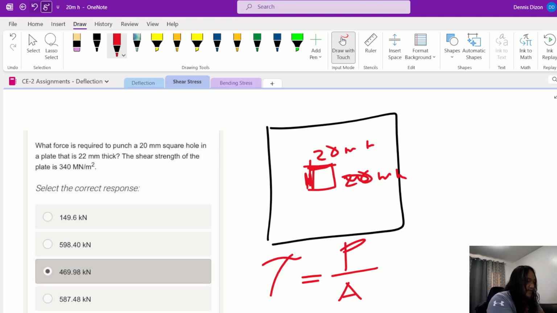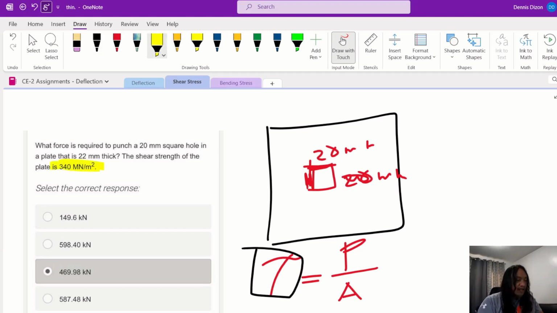So we have this given, which is 340 megapascal, and then we have our area, which is not directly given, but we can solve for the area based on the information, which is the hole is 20 by 20, and then the thickness is 22 millimeter. The unknown is how much force is required to punch that.